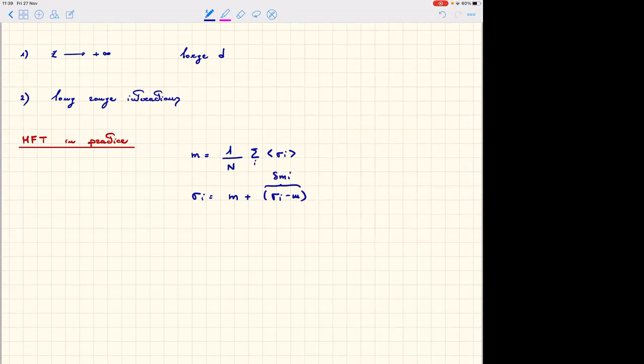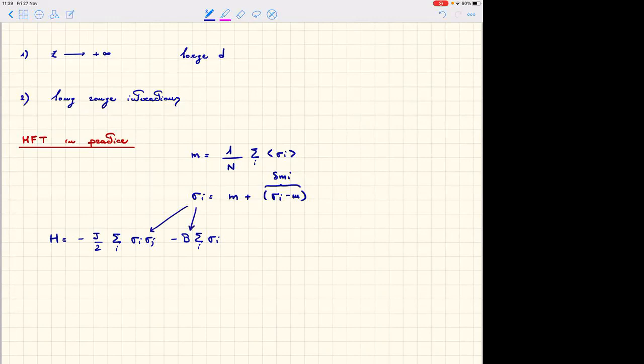Now what I'm going to do is I'll take H, which is equal to minus J over 2, sum over I, J, sigma I sigma J, minus B, sum over I, sigma I. And then I will substitute everywhere this expression.